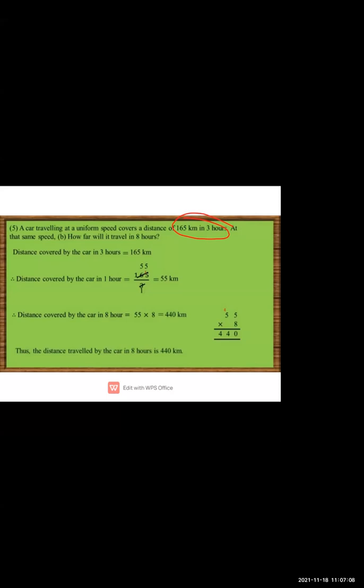So first we will divide 165 upon 3. That is 3 1s are 3, 3 5s are 15. 1 we will give here again, that is 3 5s are 15. Okay, it is equal to 55 kilometers. The distance covered by the car in 1 hour is 55 kilometers.